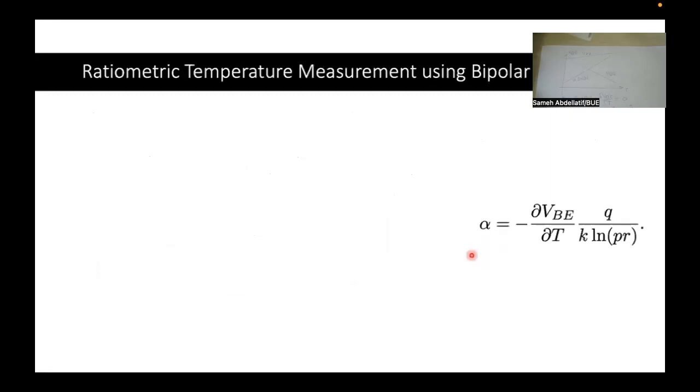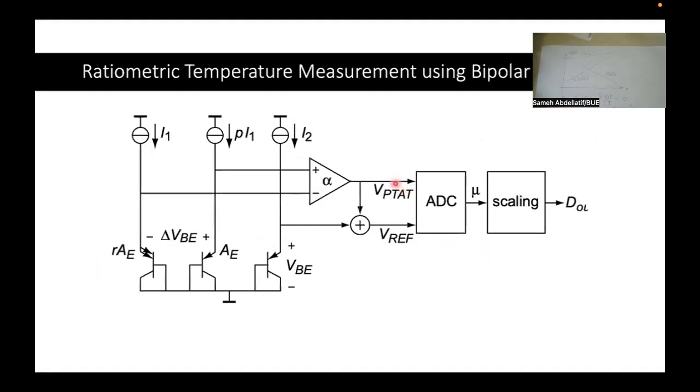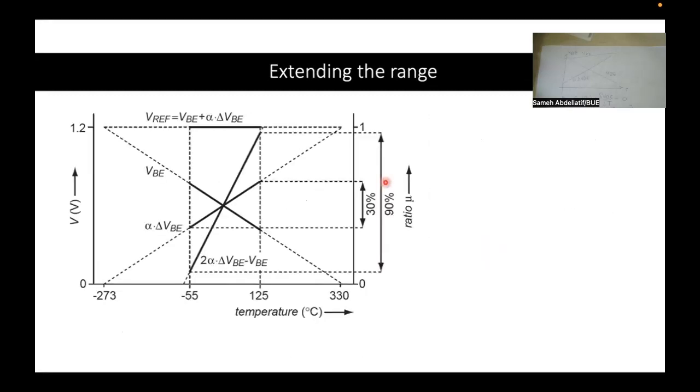So this simply happens by inserting another amplifier here. For example, in this case, they double the value of VPTAT before reaching the digital to analog converter, or maybe, as I mentioned, you can change the value based on your needs to adjust what we call the limit of measurements.